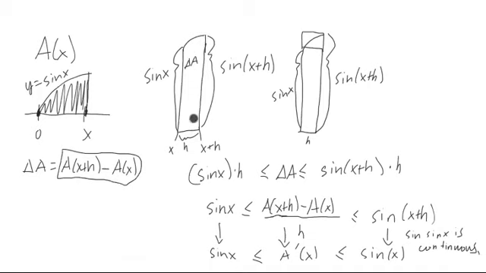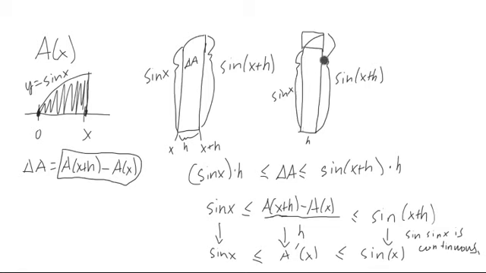That's change of A. Now this change of A is sandwiched between two rectangles where the area is easy to compute. So it's sandwiched between a smaller rectangle and a bigger rectangle. The smaller rectangle is formed with the height on one side of this interval, right at x, so sine x.